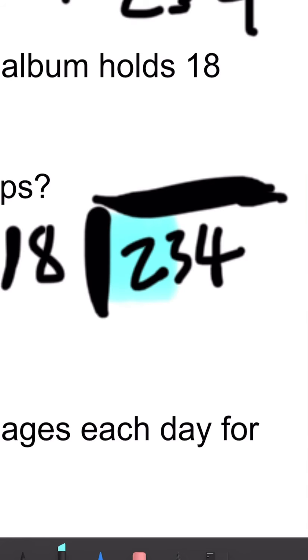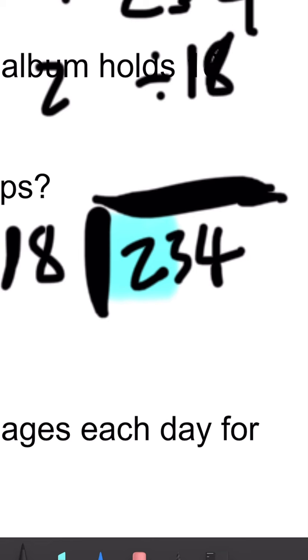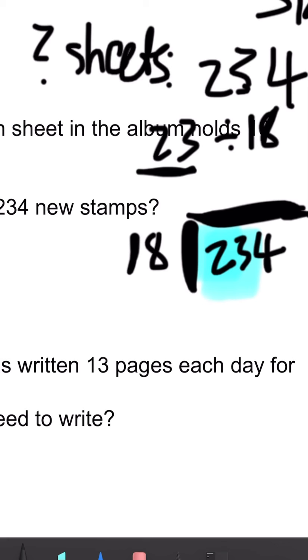Let's look at the first number, see if that's possible. 2 divided by 18 is not possible, so we'll look at the first two numbers. 23 divided by 18 is possible since 23 is bigger. So we'll do 18 times, let's try, I think 1 is the biggest we can go.